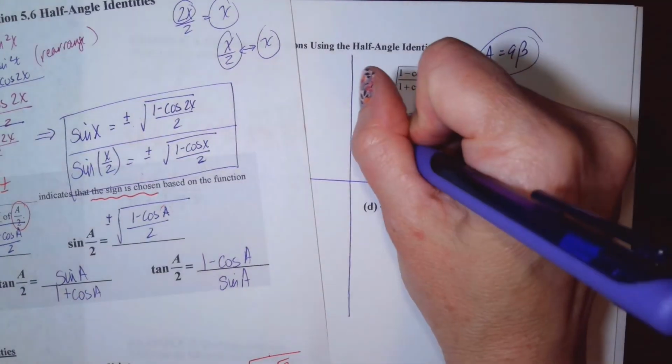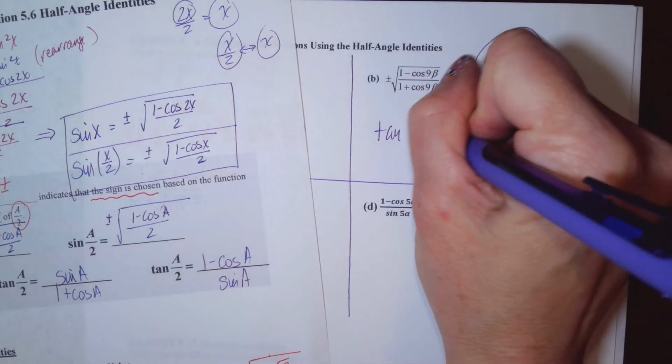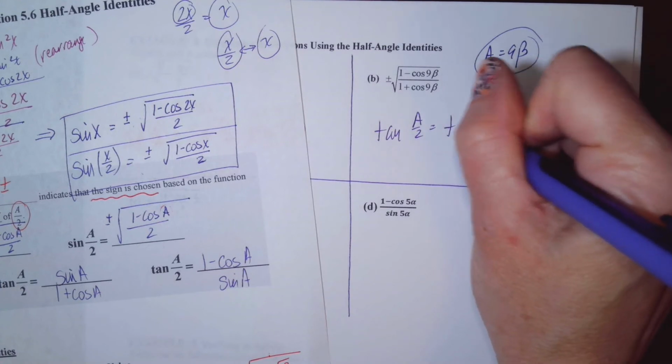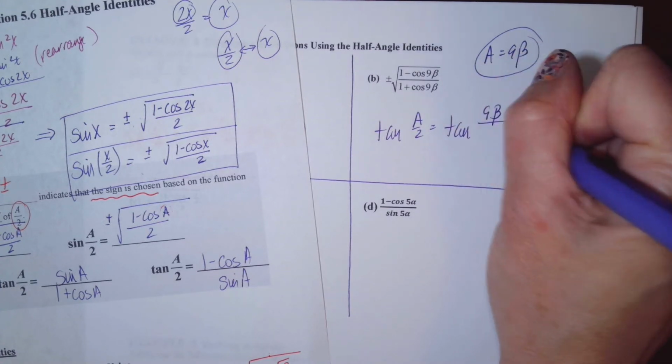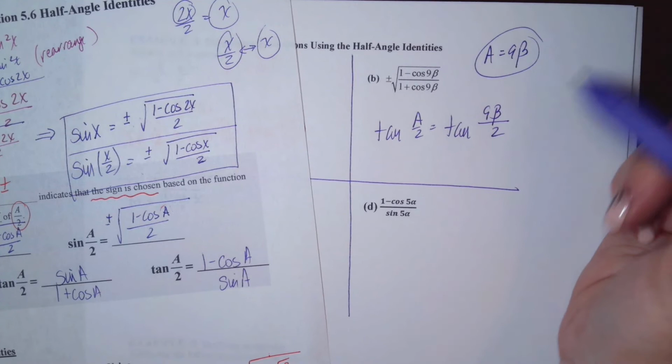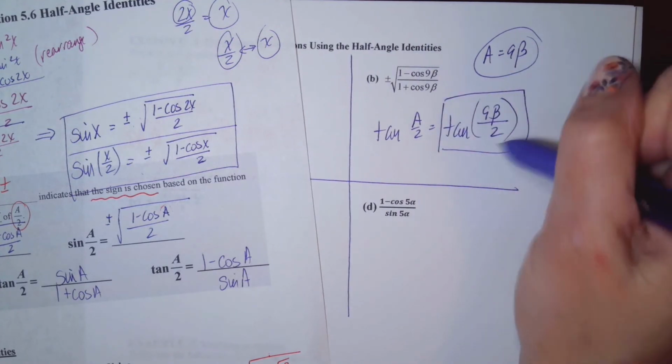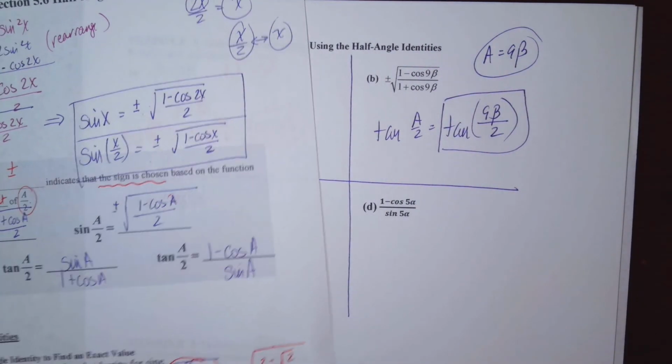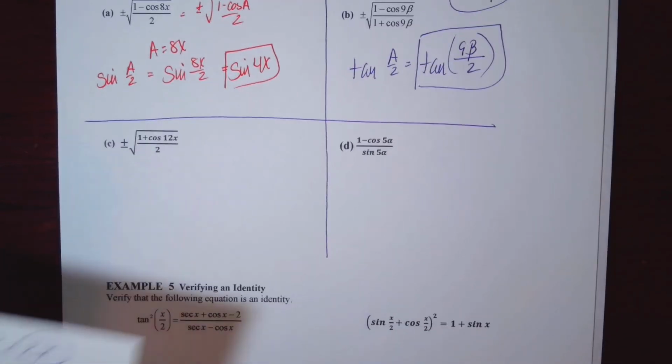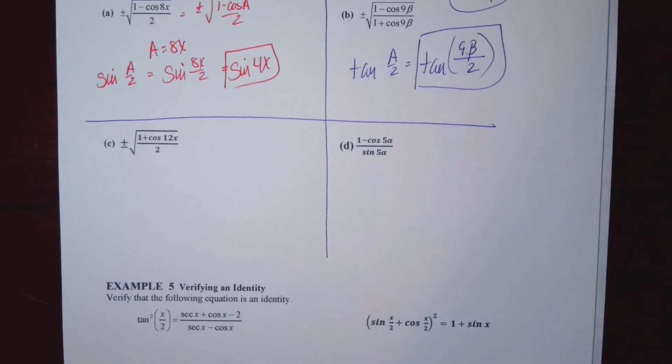So I've got tangent of a over 2, where a is 9 beta, so that's tangent of 9 beta over 2. I can't simplify that, so that's it. I'm done. Don't try to make these harder than they are. Pause the video, take a look at C and D, see if you can work those out on your own.